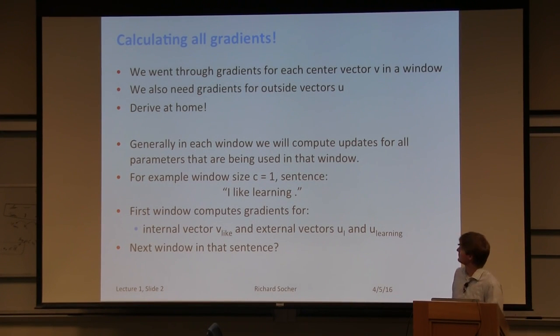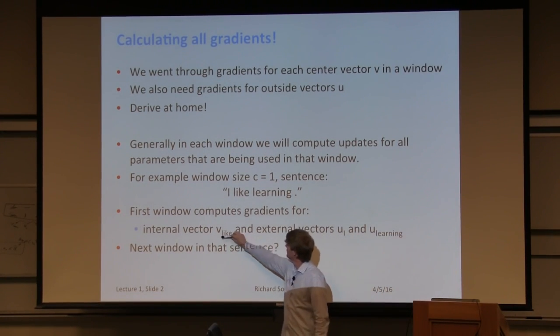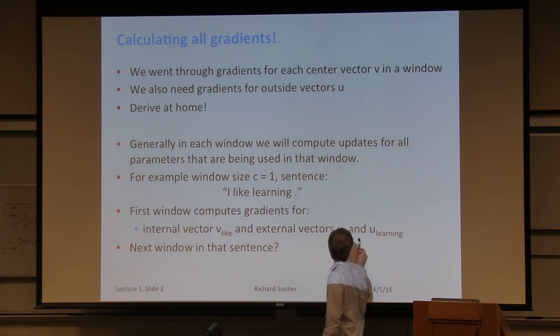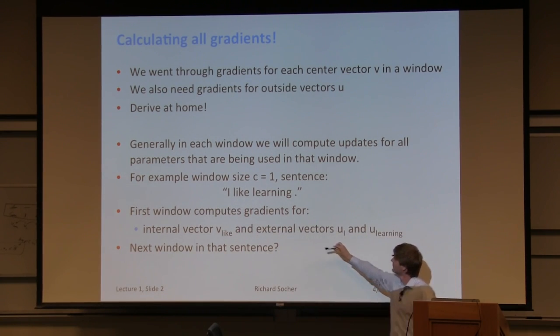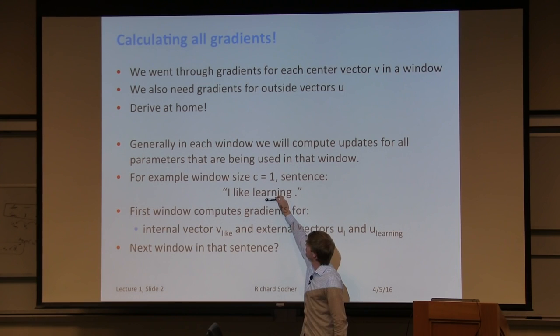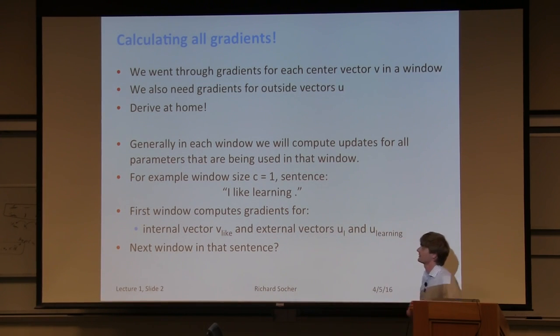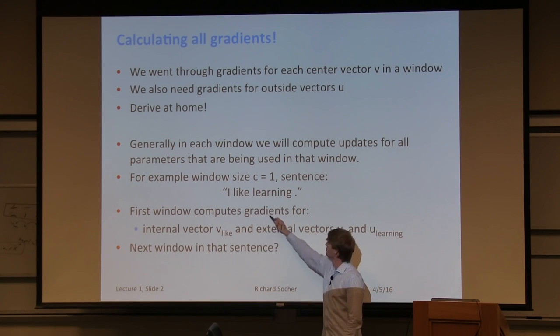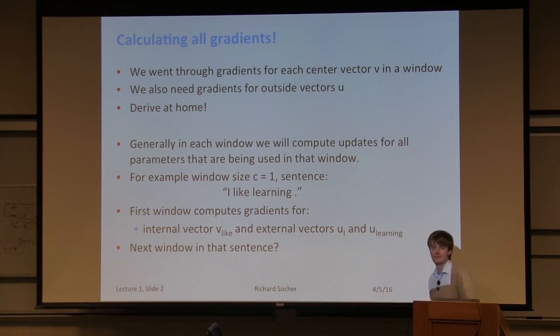All right, so if we had, for instance, a simple sentence here, and we had our external vectors u_I and u_learning, and we move over one, now learning will be the inside vector, so we'll compute v_learning and u_like, right? So they switch.